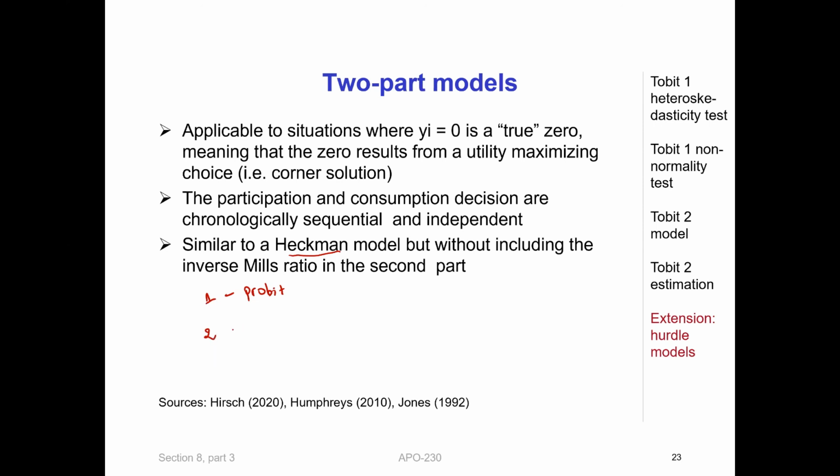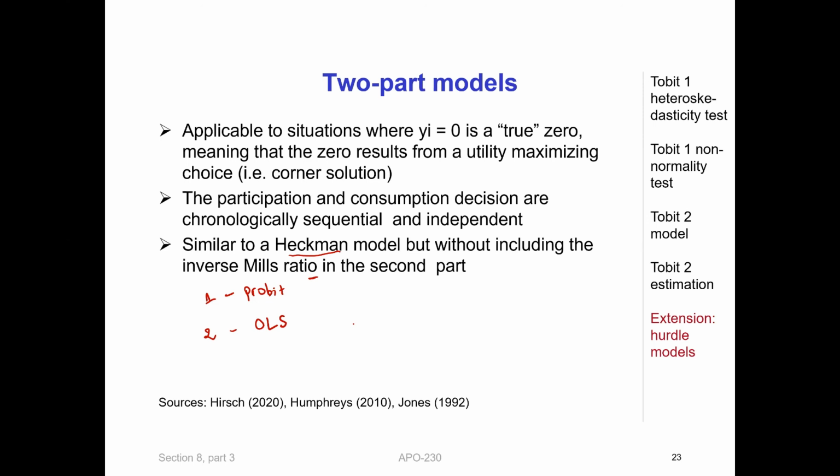And then second part, OLS. Remember with the Heckman two-step procedure for Tobit 2, we also have OLS in the second part if we want, right? Just a linear model. But there we include the inverse Mills ratio in order to control for the extent or the degree of truncation of the distribution. And here we don't have that.